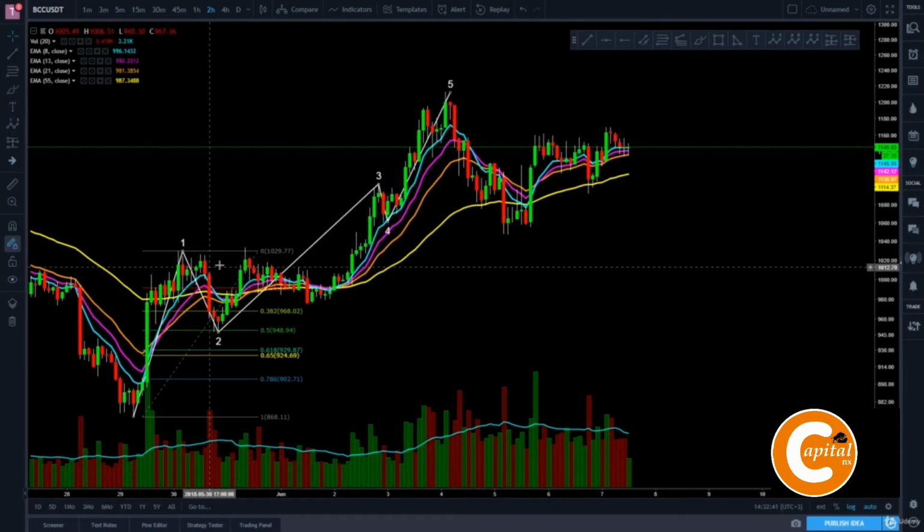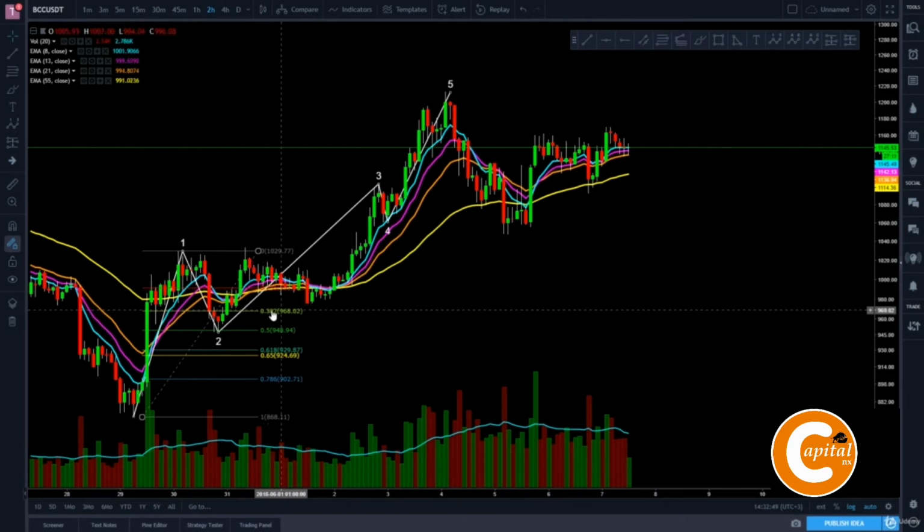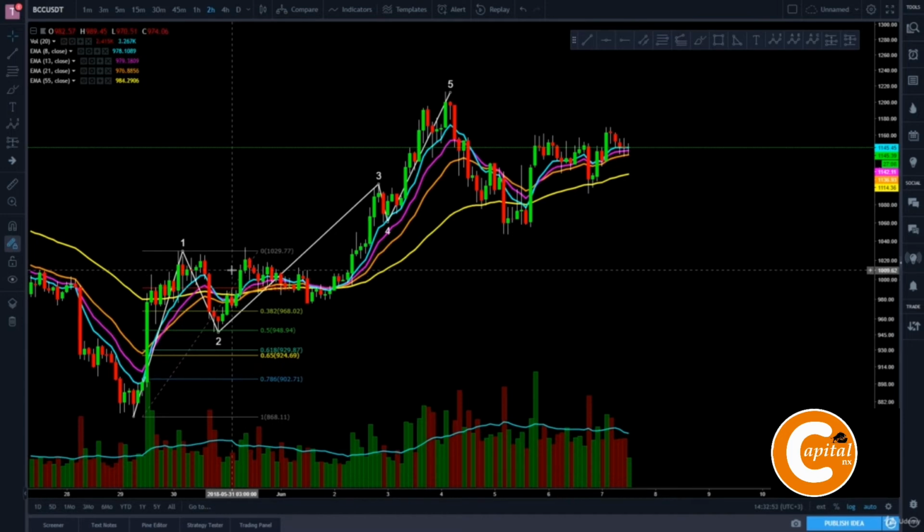As I mentioned earlier at the beginning of this lecture, these two levels of 0.236 and 0.382 will only hold in a very strong bullish market. And what we are seeing right here is that the 0.236 region was smashed very hard and the bulls are not even defending.